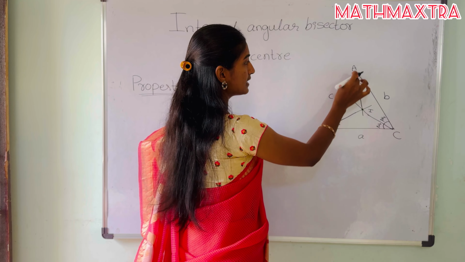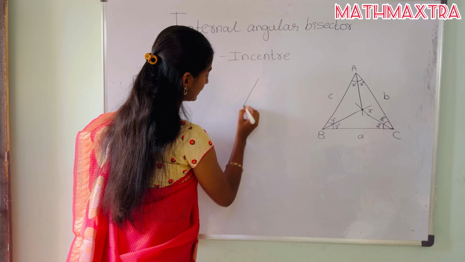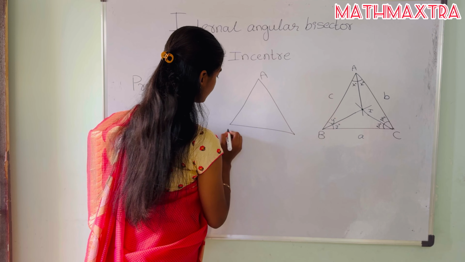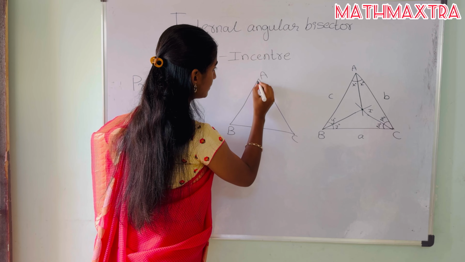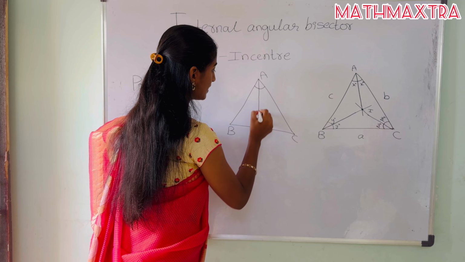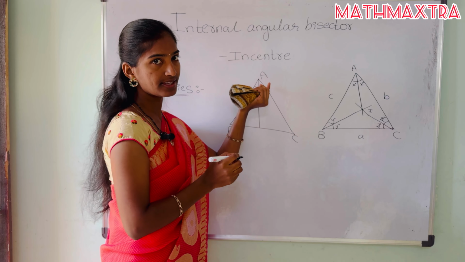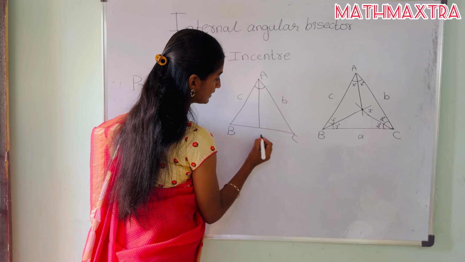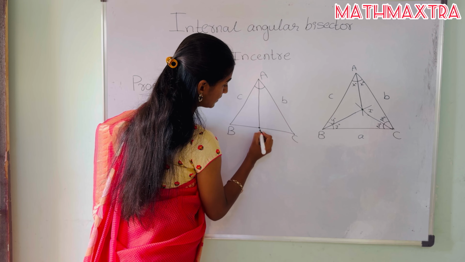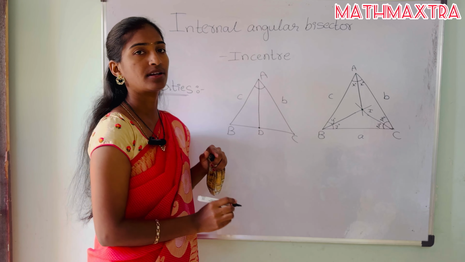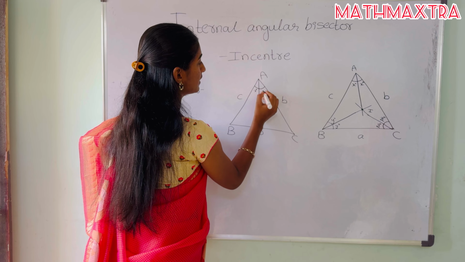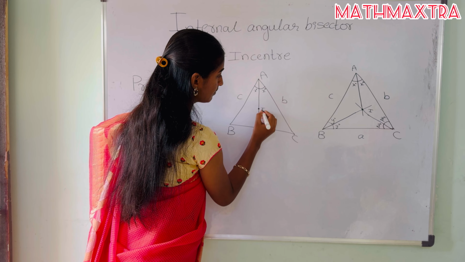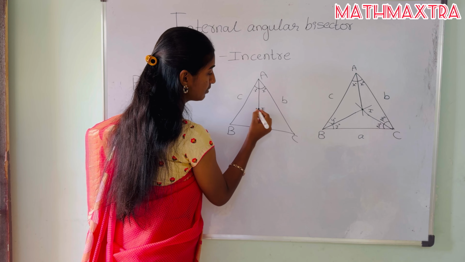Okay, so this is the internal angular bisector. Let us draw one more triangle. See, this is an angular bisector through vertex A. This is B, this is side c, and this is AD, the internal angular bisector. It is dividing the angle into two equal parts, and somewhere here the incenter is present.